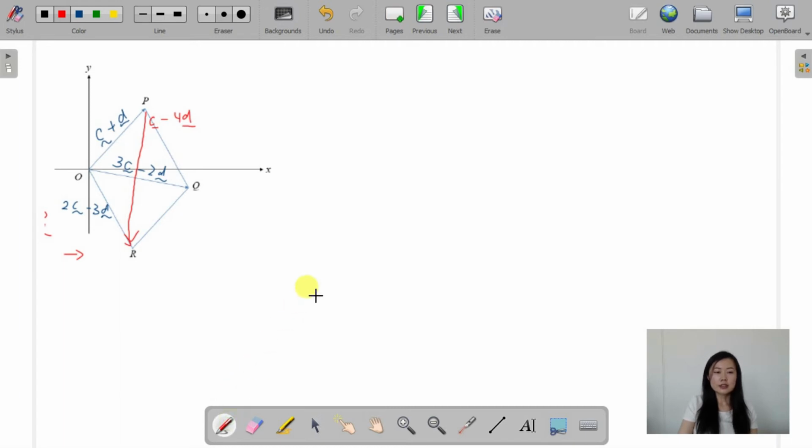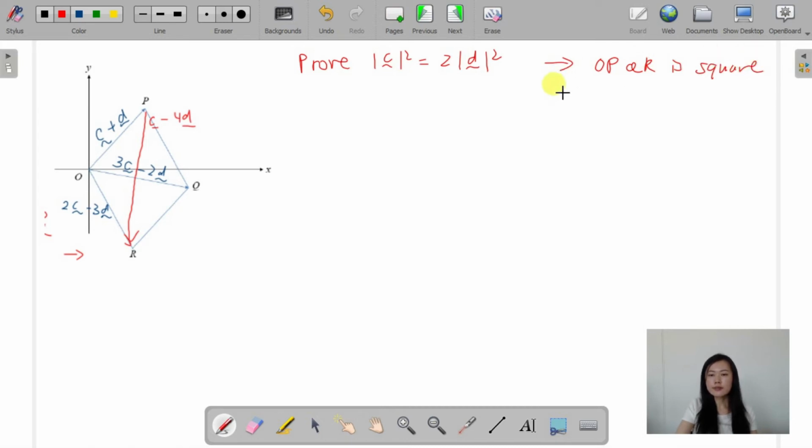All right, so we are trying to prove, let me just write the question out for you. And the hint was, well, we have two things. The hint was, well, this is a square, OPQR is a square. And we were supposed to use the dot product.